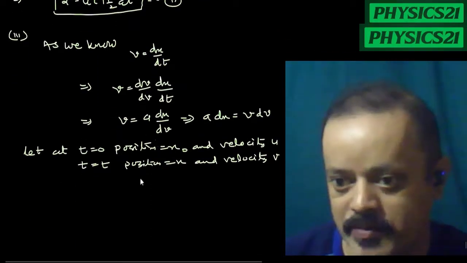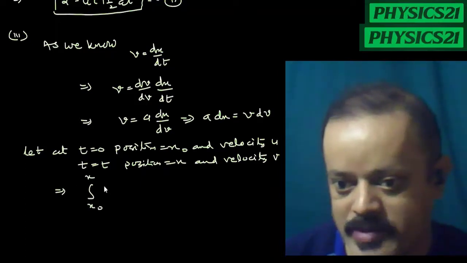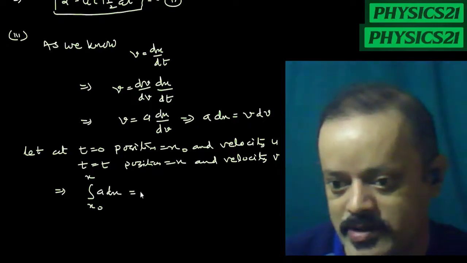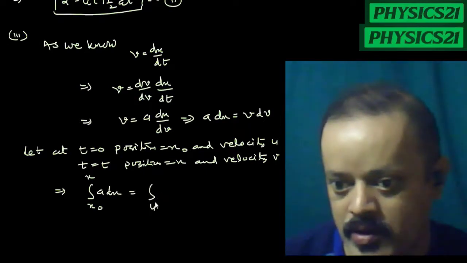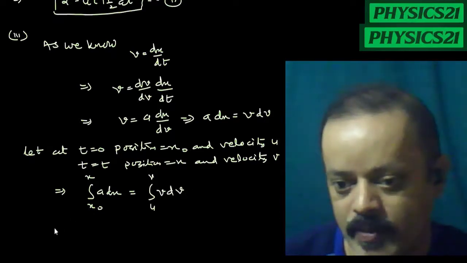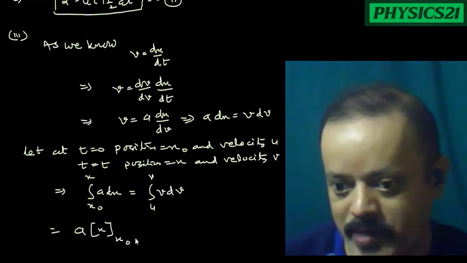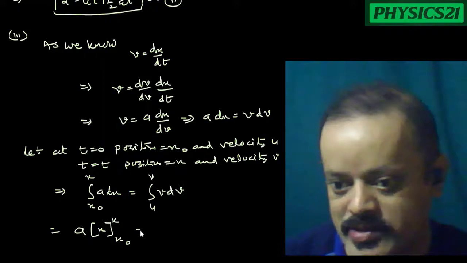Now integrate the above equation for the appropriate limit. So we write integration x naught to x a dx is equal to integration u to v v dv. a is constant, integration of dx will be x, so limits x naught to x.